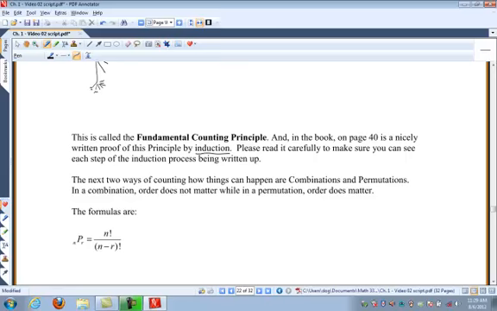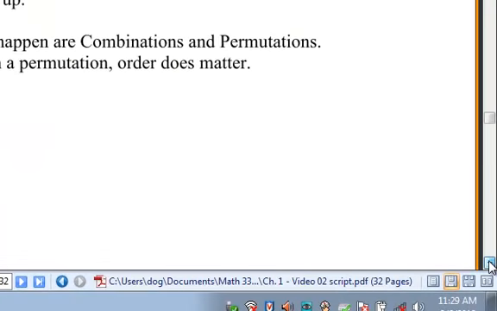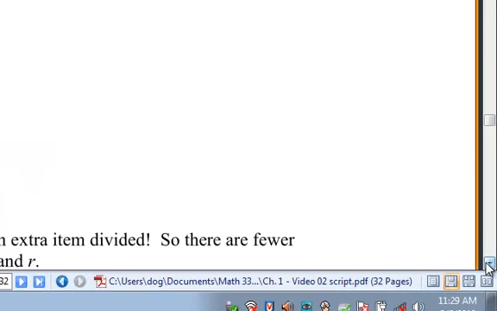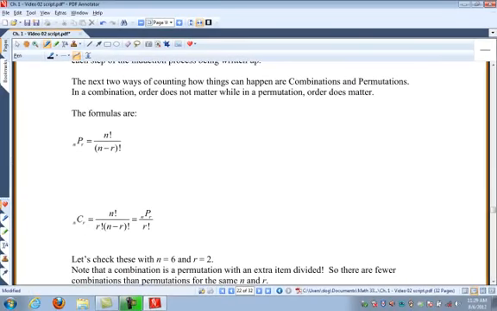Now, the next two ways of counting things are combinations and permutations. Here's the formulas. In a combination, order does not matter, while in a permutation, order does matter. So if we have the permutation of n things taken r at a time, it's n factorial over n minus r factorial. So suppose n equals 6 and r equals 2.